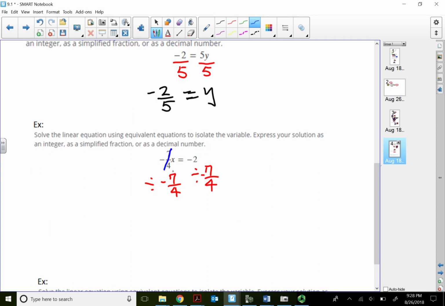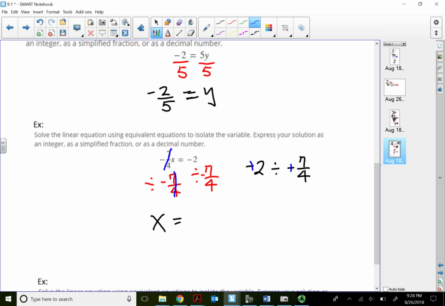So -7/4 divided by -7/4 becomes +1x equals. The right hand side here is basically -2 divided by -7/4. As you can recall in Module 8, negative divided by negative will become positive.